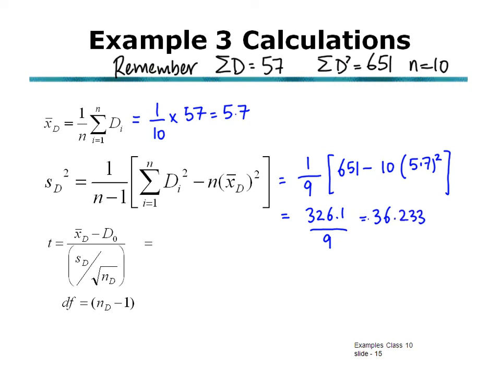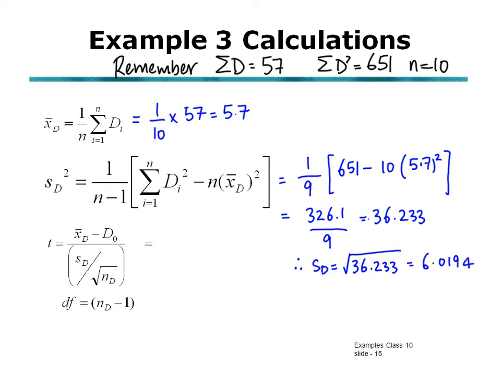Now, in order to find the standard deviation of the differences, SD, we will square root that variance. Square root of 36.233333 gives us 6.0194. That's the standard deviation of the differences.